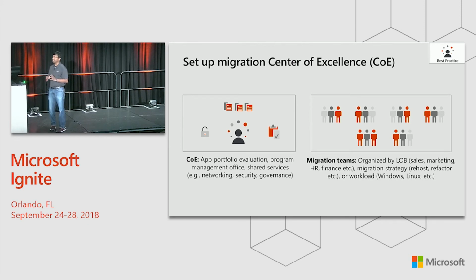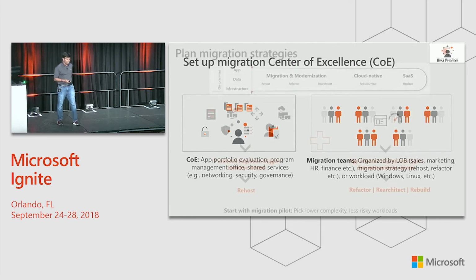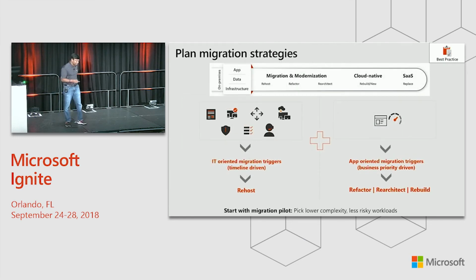Or you might say that these are the experts in rehosting as a strategy. Let's build a team around that, or a center of excellence around that. And then let's have another team based on refactoring and rebuilding because they kind of go together, right? So we've seen customers actually do some of these things to make sure that they are set up the right way to succeed in their migration initiative. So very, very important for you to think about this.